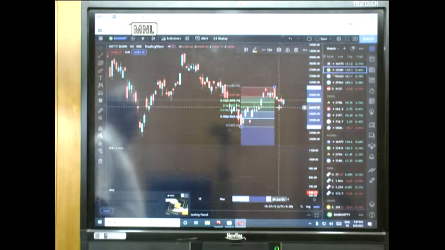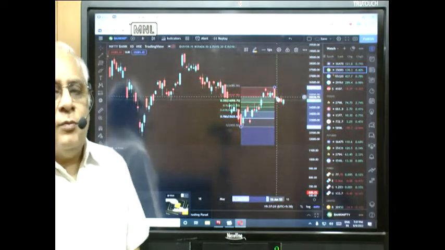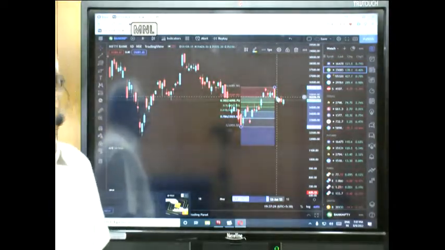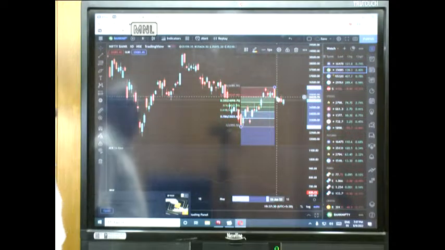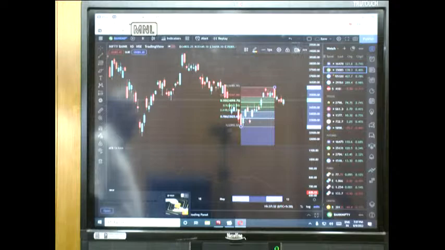Once it starts to break this particular close, that is 35,310 to 350 levels, then we should be looking towards some sort of an upward rally again. This is the basis on which we can adopt our strategy.